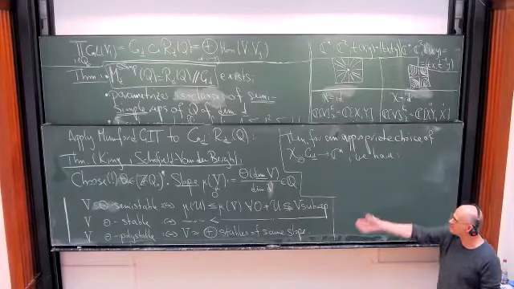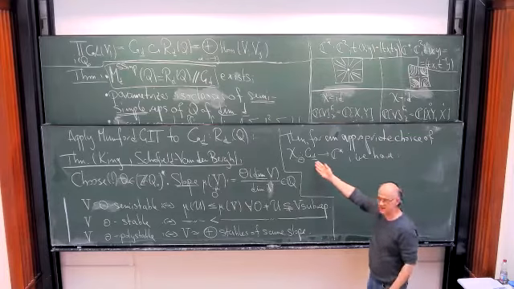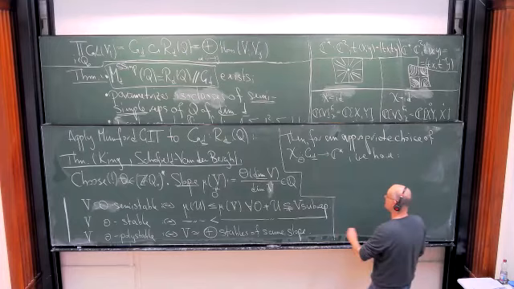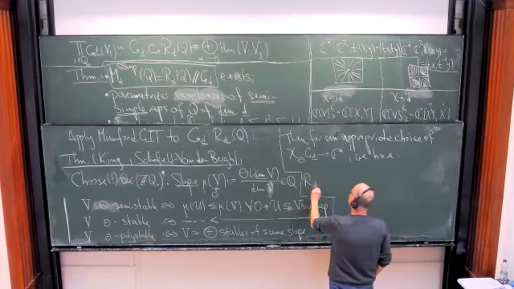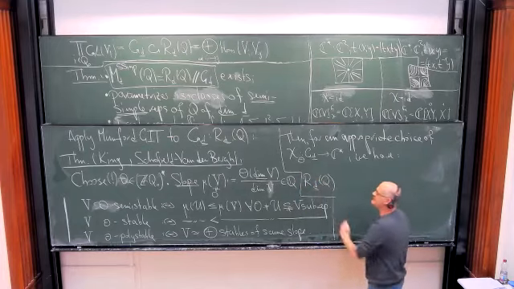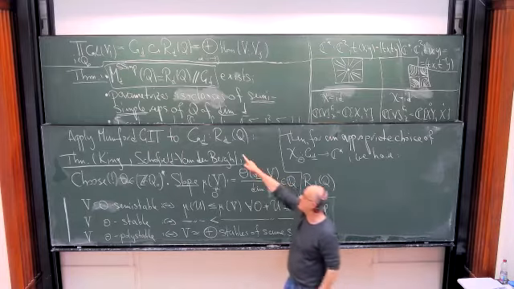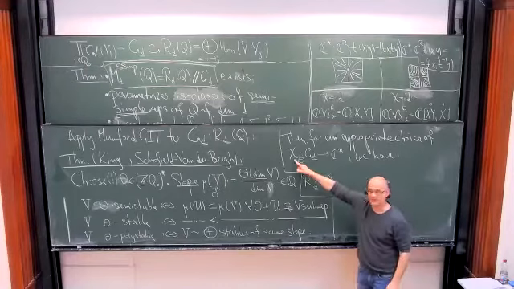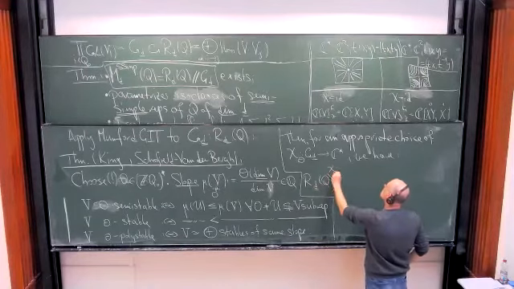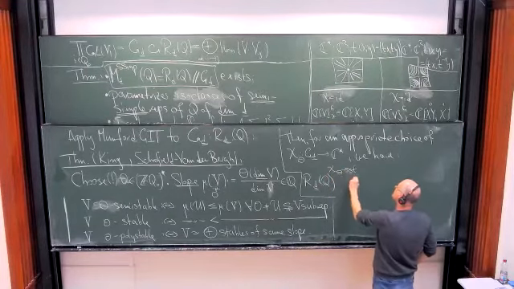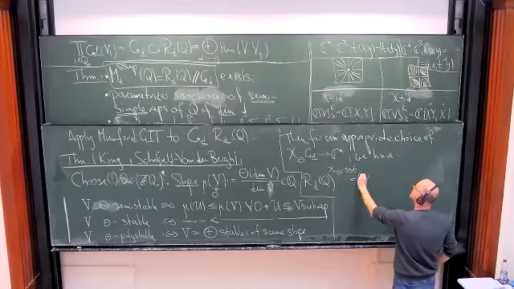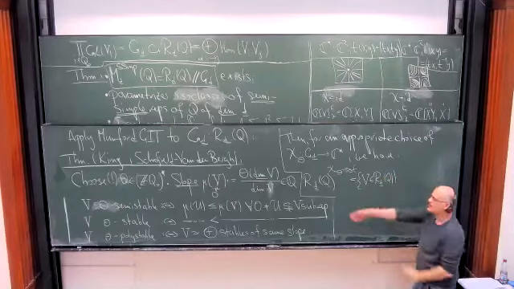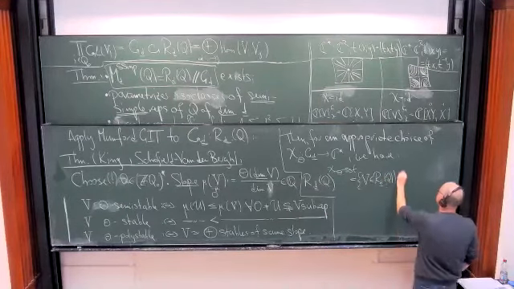But from this theta, you can immediately produce a certain character on this base change group GD, such that the following holds. If inside our vector space RD of Q, the vector space on which our base change group acts, we look at the semi-stable points with respect to this character, it is precisely the set of all representations which are semi-stable in this sense.